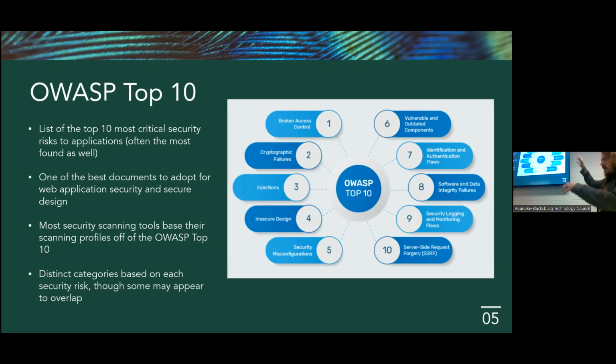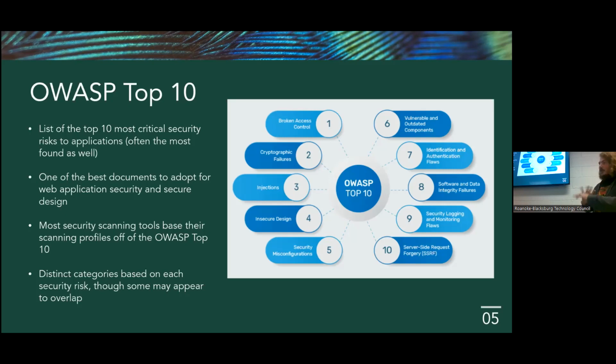Yeah, so the top 10 is almost always these top 10 security risks. However, with each iteration, they like to categorize them differently. So this year, number 1 is broken access control, where 4 or 5 years ago, number 1 was injections. But again, these are essentially the top 10 most found or most critical security risks in web applications.